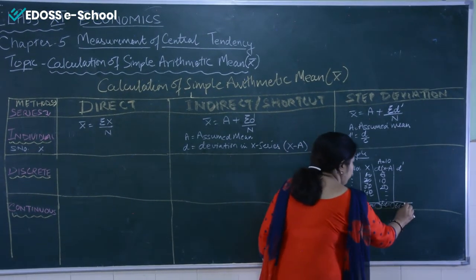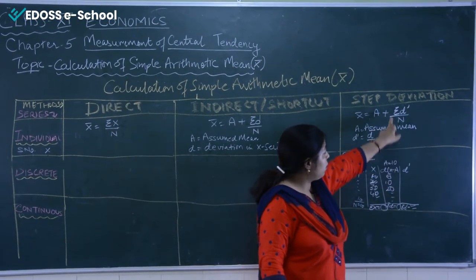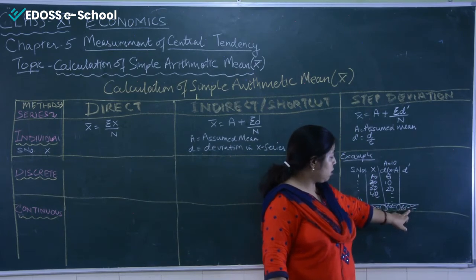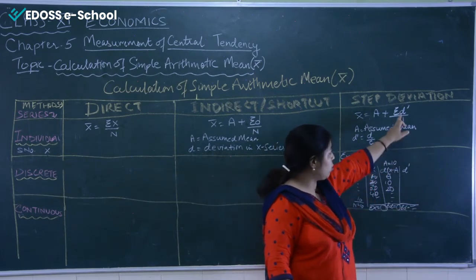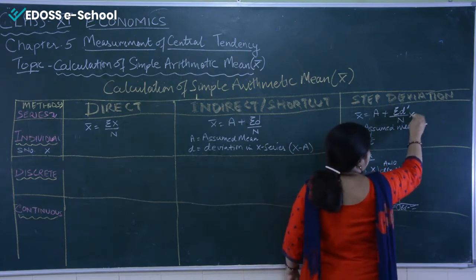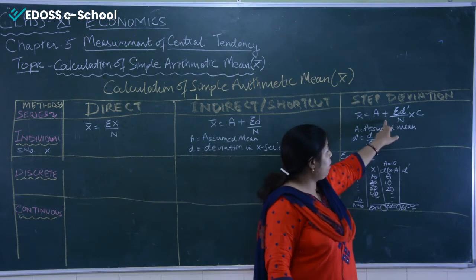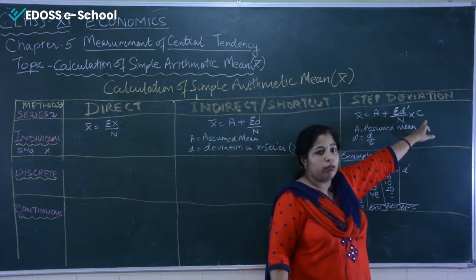Okay? Then we will place all the values here. A is 10, summation D dash is the total. Sorry, I wrote this formula incompletely. It is going to be multiplied by C. This is the exact formula: A plus summation D dash upon N into C.